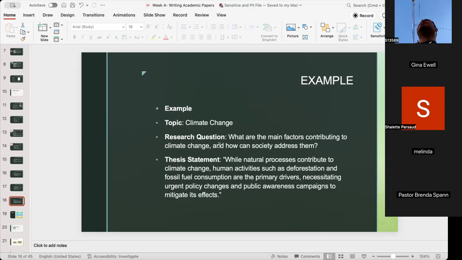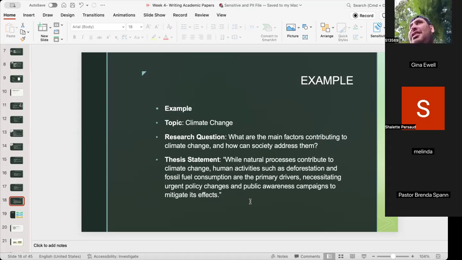And then the research question is, and I did not come up with this example, I got this from somewhere online, what are the main factors contributing to climate change? And what can we do as a society to address them? So your thesis statement comes out of that research question.